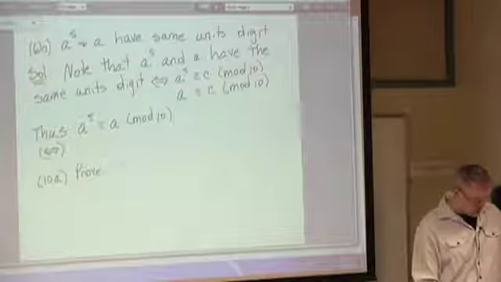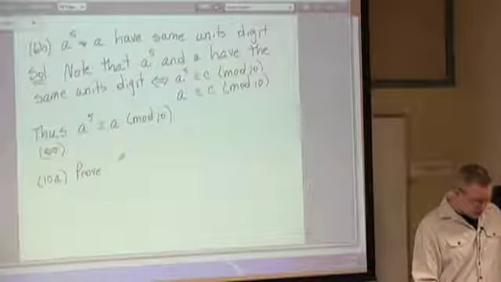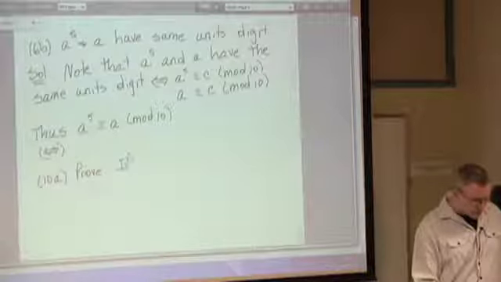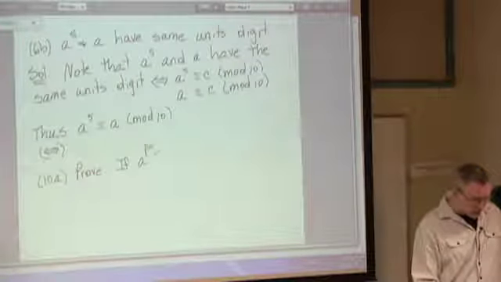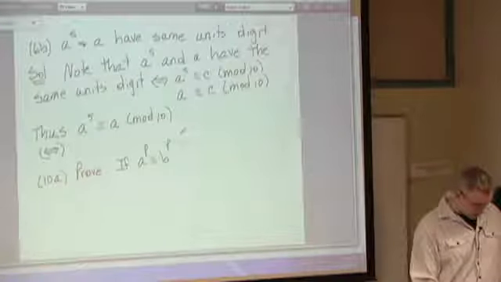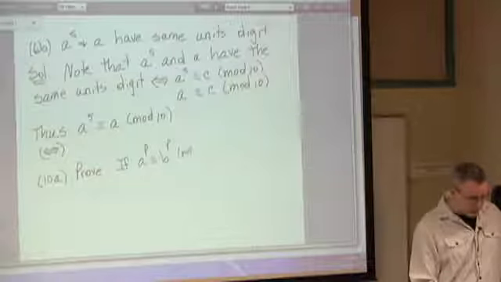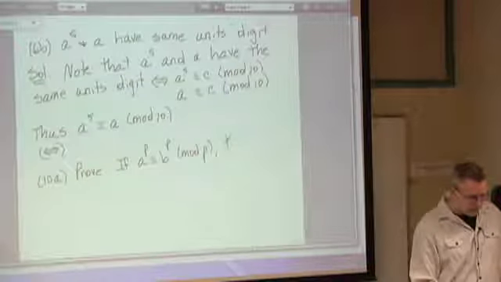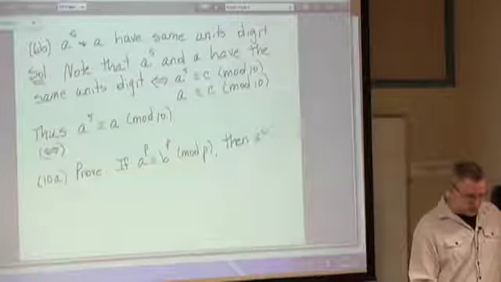Prove if a to the p is congruent to b to the p mod p, then a is congruent to b mod p.